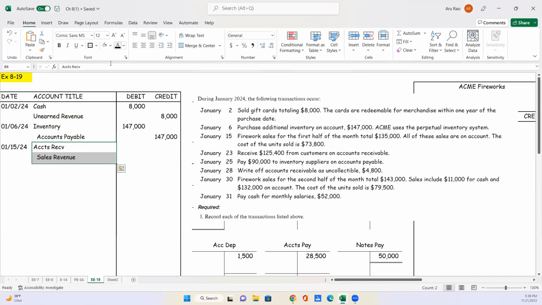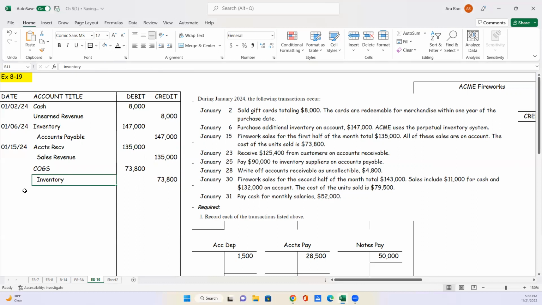The first one is to record the sale, accounts receivable debit, sales revenue credit. That number is given to me. It's 135. I will do a second journal entry to update my inventory records. I'm saying that this sale that I made, the cost of the inventory was $73,800. That becomes an expense. Cost of goods sold is an expense. And inventory is credited because I no longer have that with me.